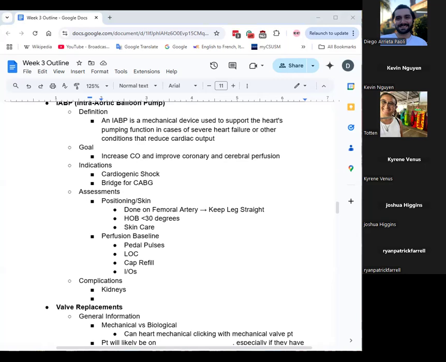I'll try to get a good picture of this as well. Because the balloon pump can occlude the renal artery, it'll cause decreased urine output. Yeah, so your balloon pump is able to potentially occlude that renal artery. So let me see if I can get a good picture of that.